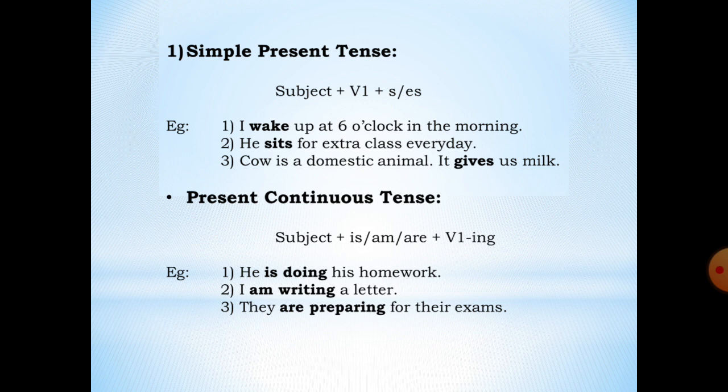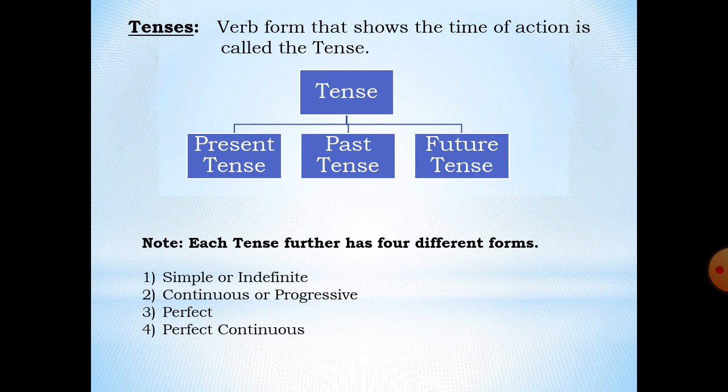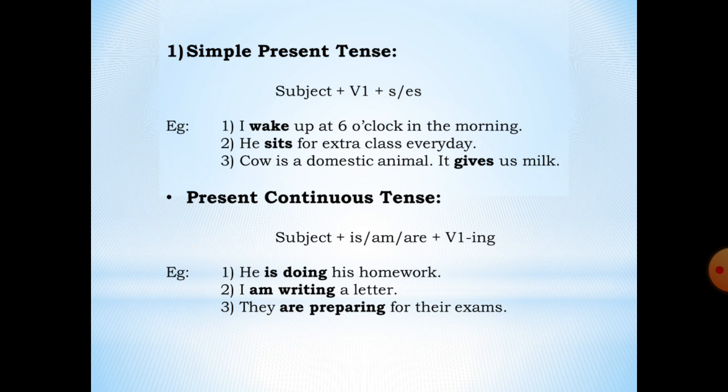First, simple present tense. We are studying present tense first because the action which is going on now, in the present or right now, is said to be present tense. In present tense there are four forms.